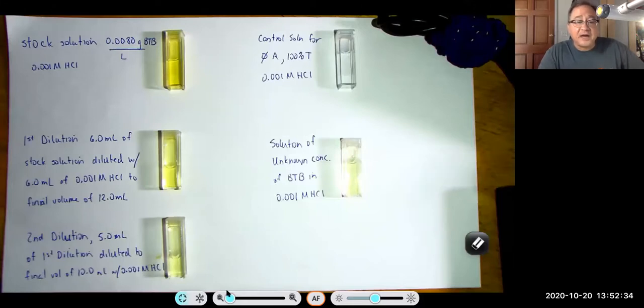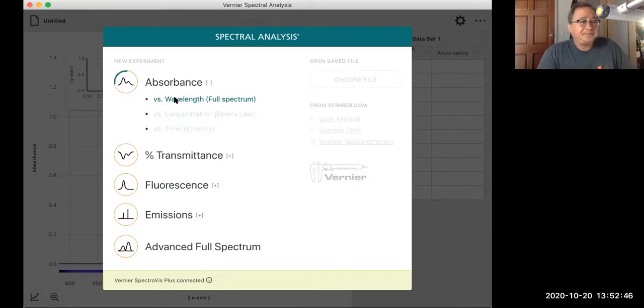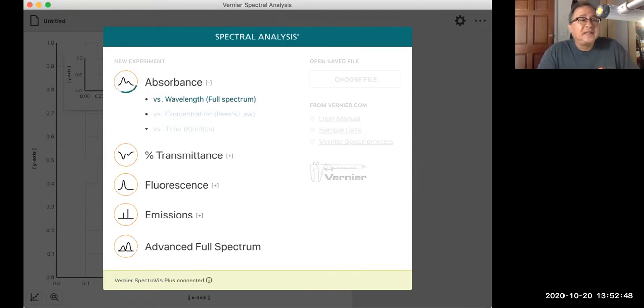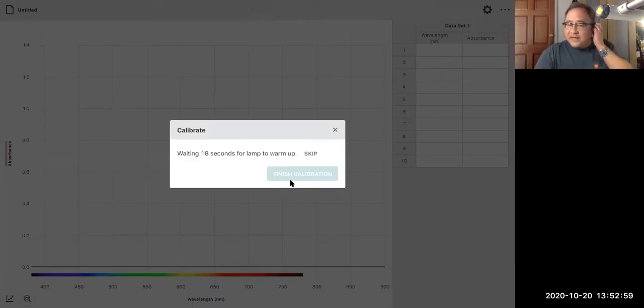I'm going to switch my share. And we're going to go with a full spectrum scan. And let's see, toggle full screen. Let's see what that does. Okay. So we want to go ahead and let the lamp warm up a little bit.